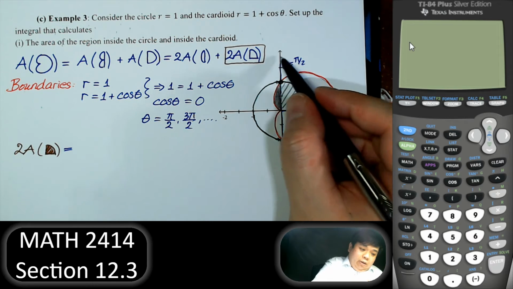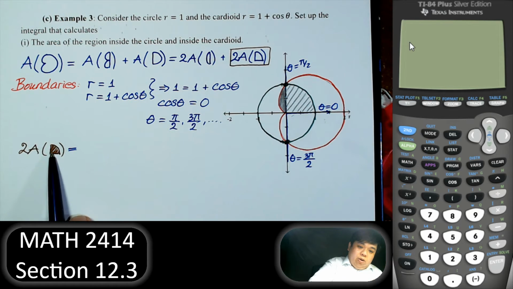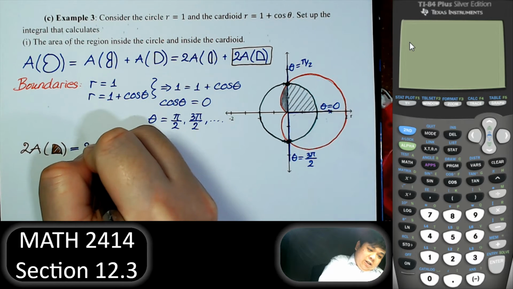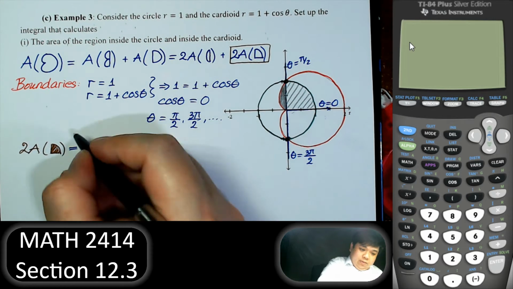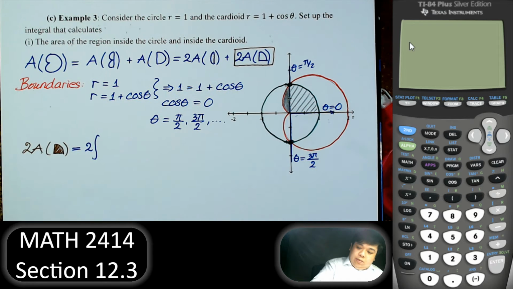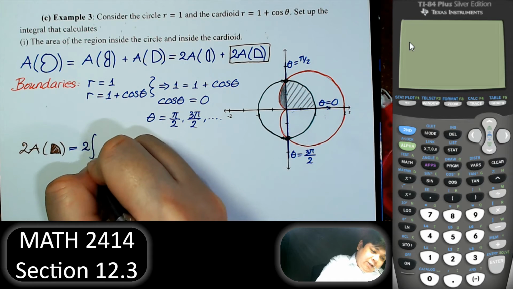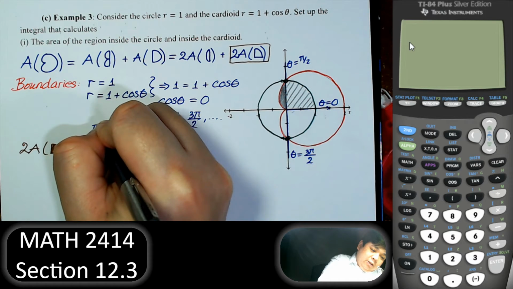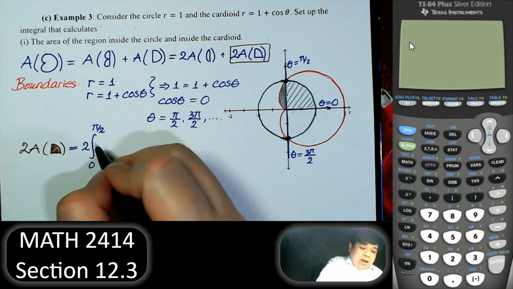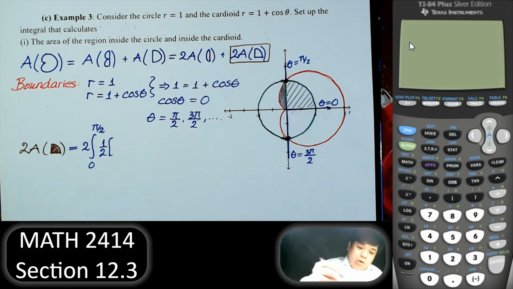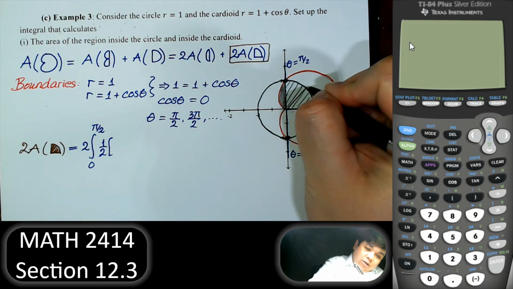For a quarter of a circle, we will go from 0 to pi over 2. And then inside will be 1/2 outer function squared. So we look from the inner to the outside.